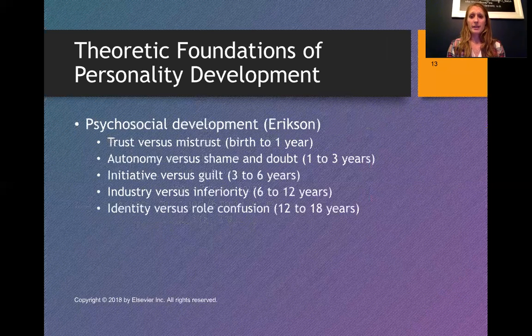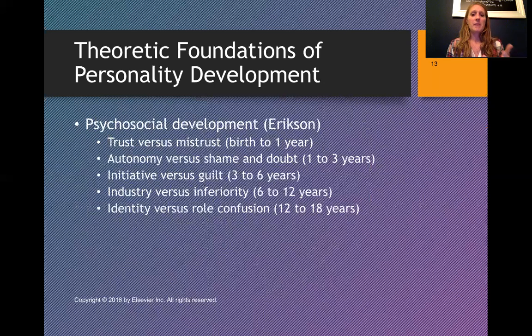And then we have Erikson, and Erikson uses trust versus mistrust. So trust is going to develop if everything is met within that first year. The baby and the child's going to learn to trust. And then we're going to look at autonomy versus shame and doubt. If we achieve trust, we're going to have a child who is able to have faith and has optimism.